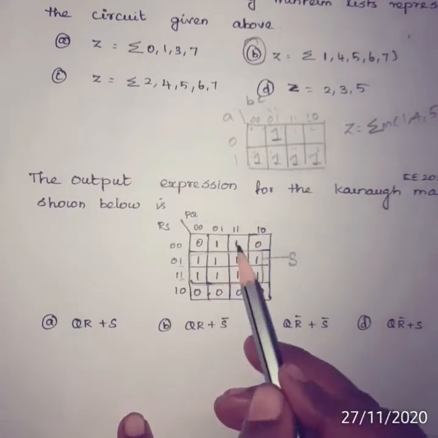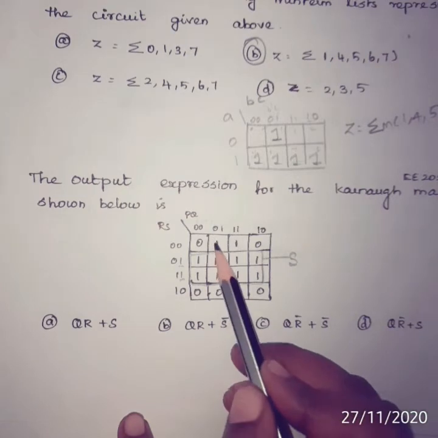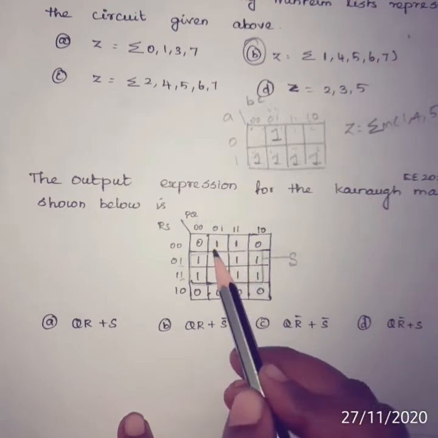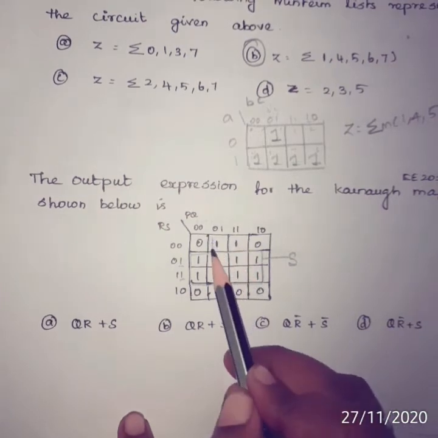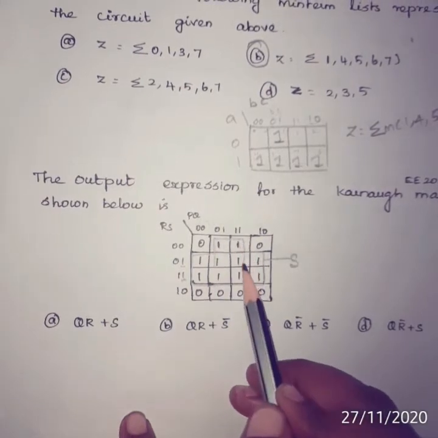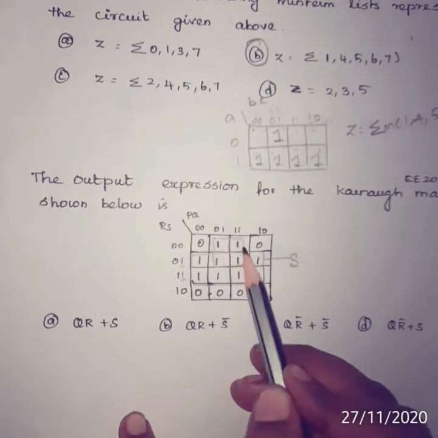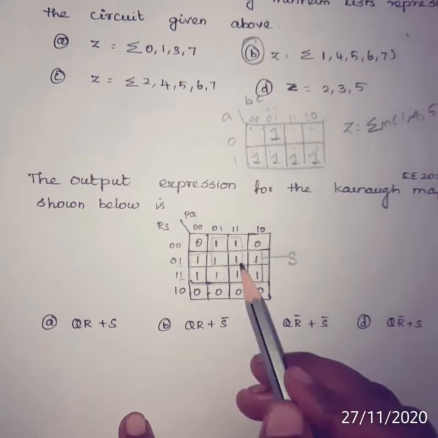Next, 2 more ones are there. We can make a pair by combining these 2 ones, or we can make a quad by combining these 4 ones. Actually we should go for a larger group, so I am choosing this quad.